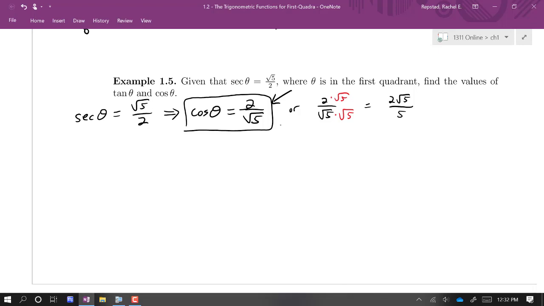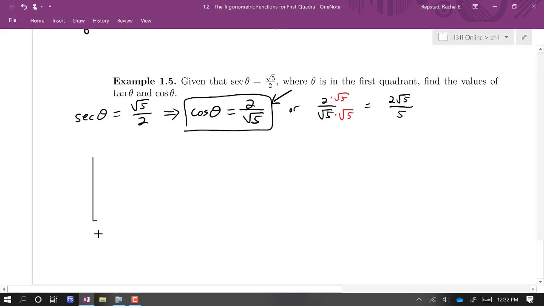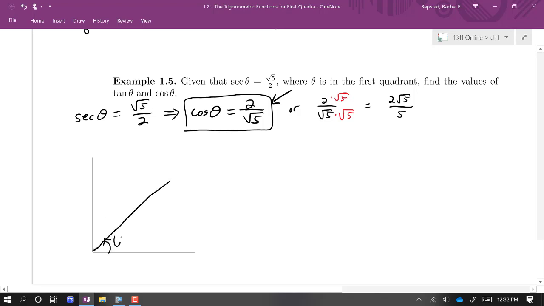If I know the value of cosine, I can really think of that as knowing two sides of a right triangle. So theta is this first quadrant angle. It could go on forever, right? But it goes through some point here.